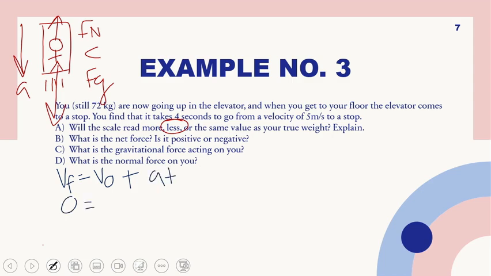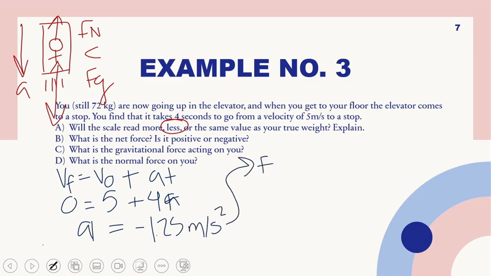And we can plug in our values here, and then isolate for the acceleration, which is negative 1.25 meters per second squared. And now that we have that, we can plug that into the second law, which states that the net force is equal to the mass, 72 kilograms, times the acceleration. And that gives us that the net force is equal to negative 90 newtons.